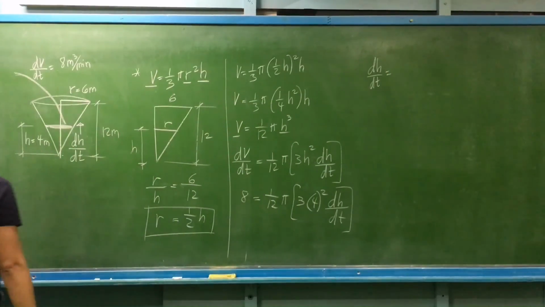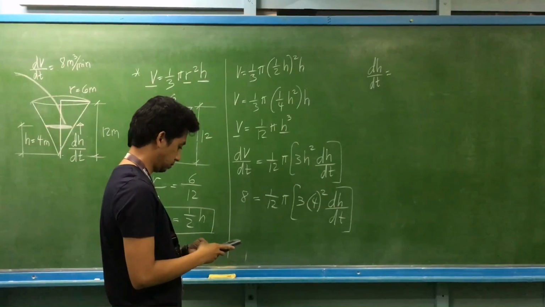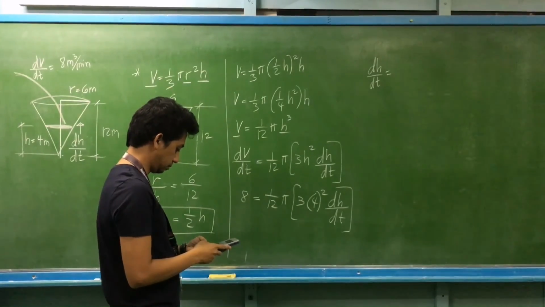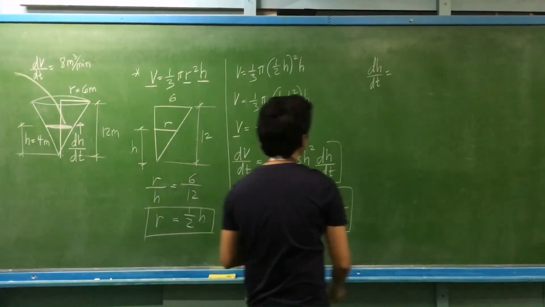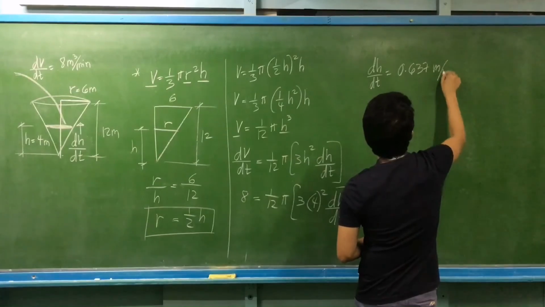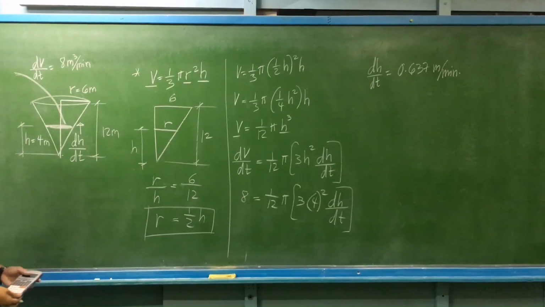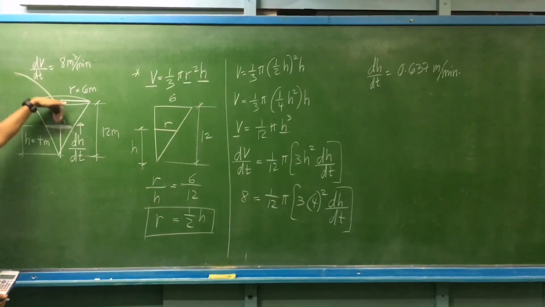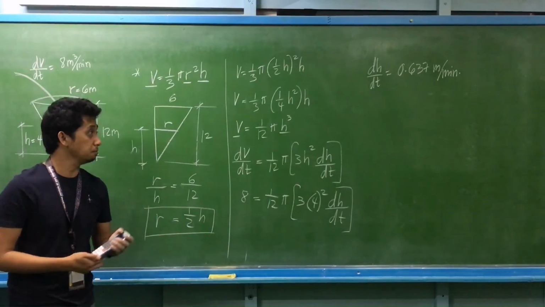That will be equal to 0.637 meter per minute. If you have to do unit analysis, that will be meter per minute. So as we increase the volume at the rate of 8 cubic meter per minute, the water level rises at the rate of 0.637 meter per minute.